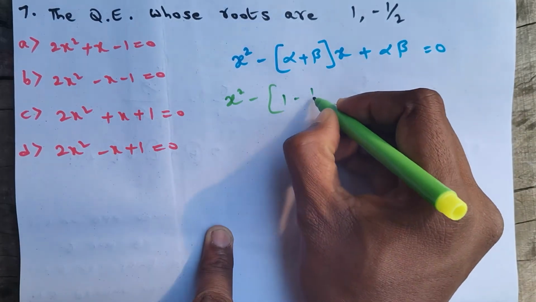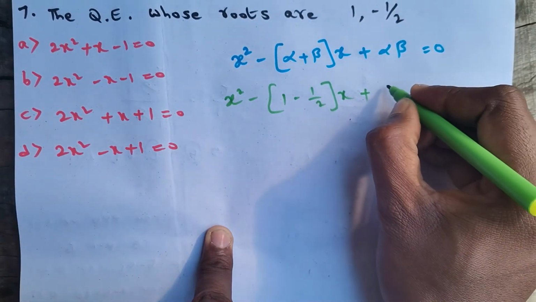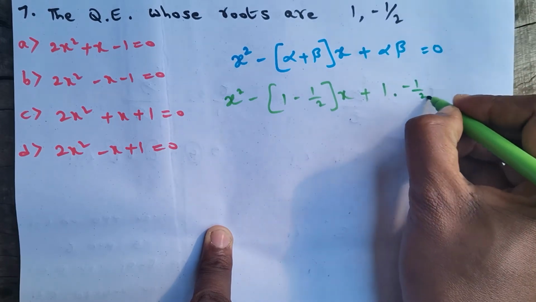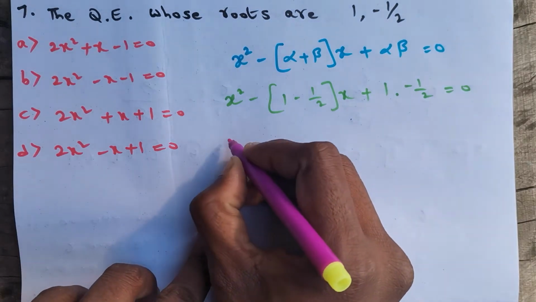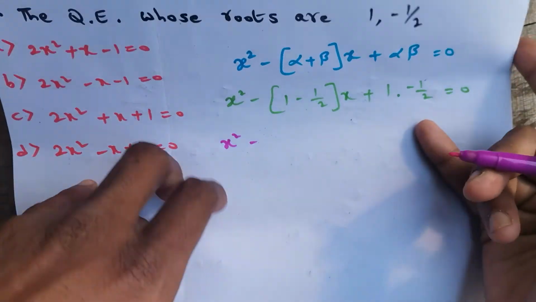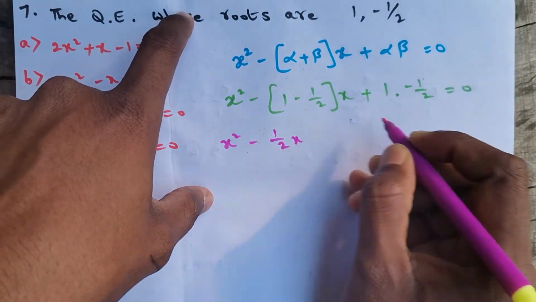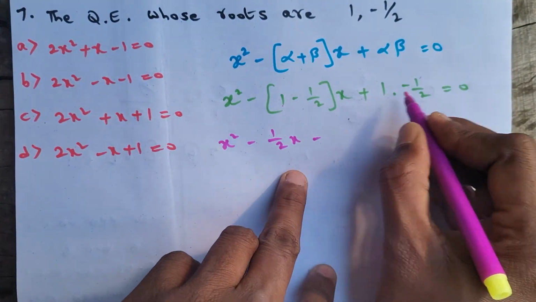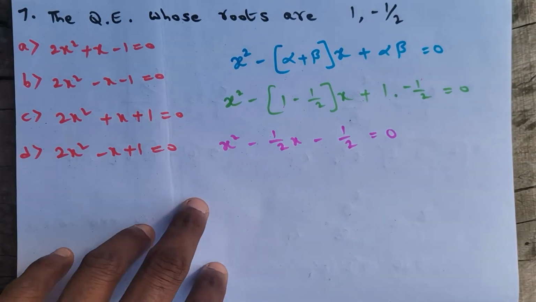So, 1 minus 1 by 2 times x plus alpha into beta, 1 into minus 1 by 2 is equals to 0. So, x square as it is minus 1 minus half x plus into minus 1 into 1 by 2 is equals to 0.